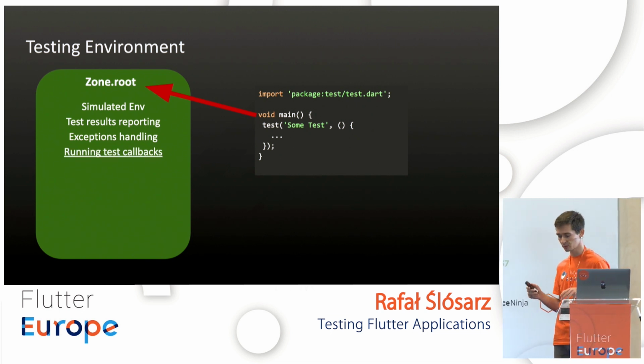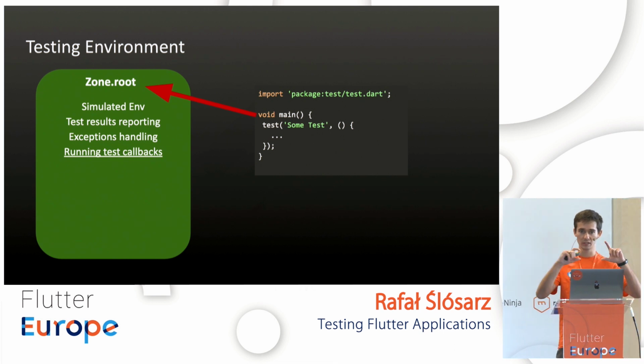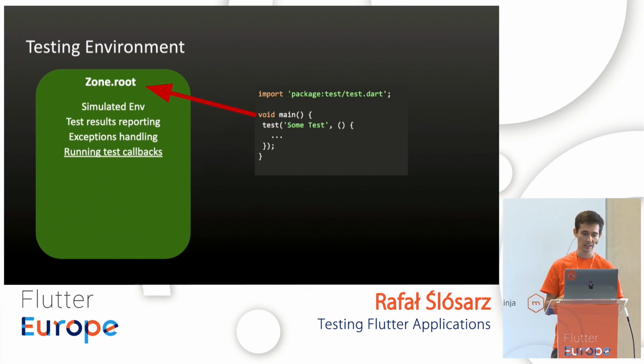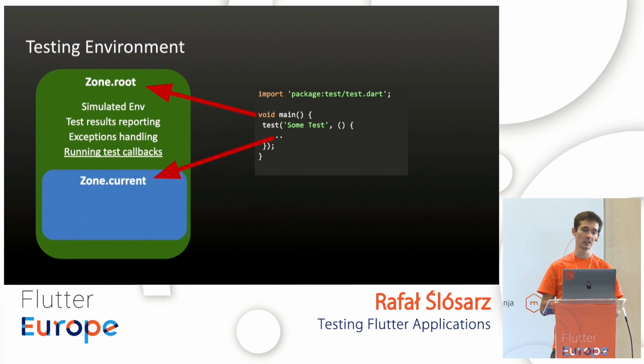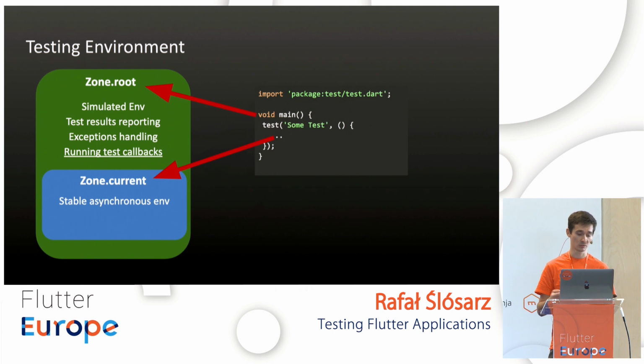Now we would like to run our callback that we scheduled with the runZoned operation that I've shown you before. For this sake, as we run the runZoned code, another zone is created, the current zone, and inside of it our callback will be performed. This gives us a stable environment for asynchronous calls.